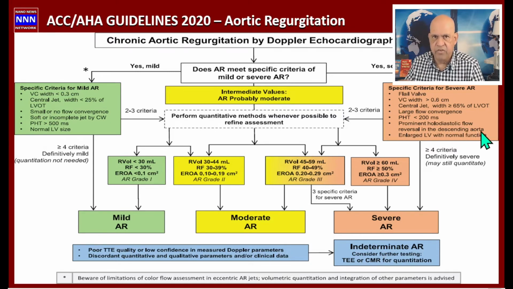Of course, because so much blood is coming back into the ventricle, instead of going downwards in the descending aorta, you see the flow reversal, flow going back in the other direction. Along with that, we see an enlarged left ventricle with maybe normal or abnormal systolic function.